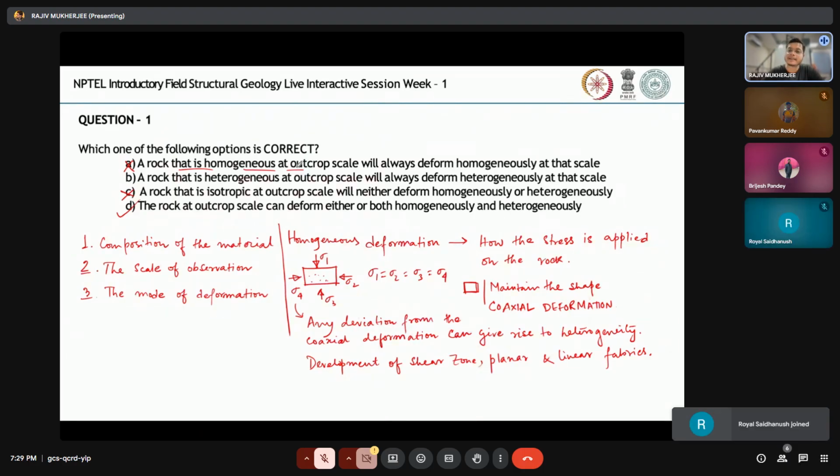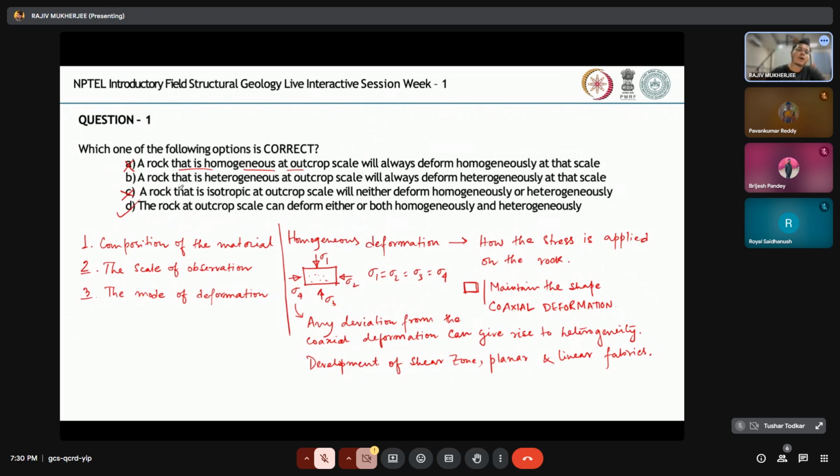That simply means that the deformation is not homogeneous, rather it is heterogeneous, because the deformation is not coaxial, and it has some other components like shearing or traction parallel to the surface of the rock. So this is another approach through which we are eliminating option A.